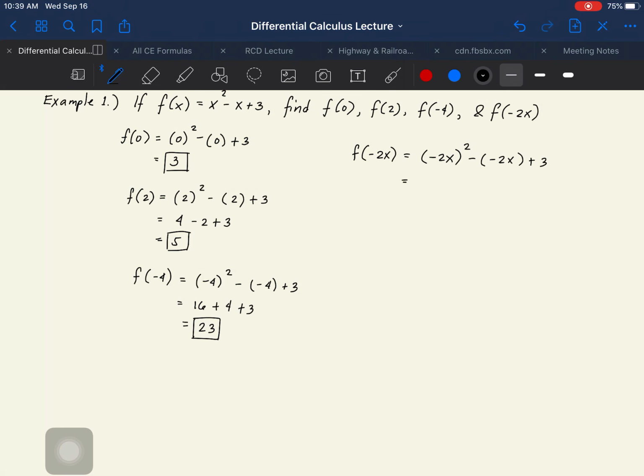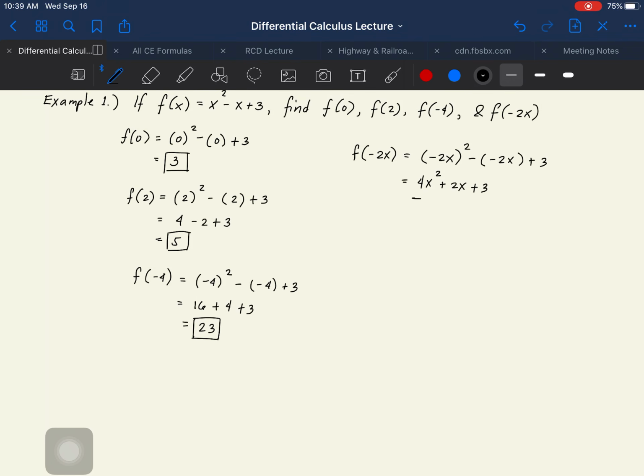So this becomes, well, what is negative 2 squared? That would be positive 4x squared, since negative times negative becomes positive, then minus negative 2x, which is plus 2x, plus 3.